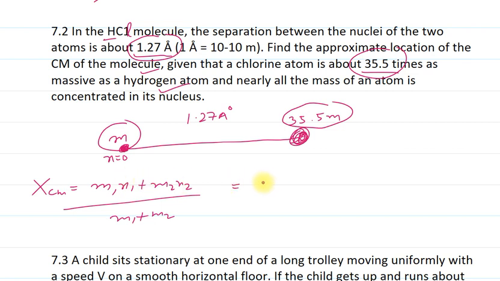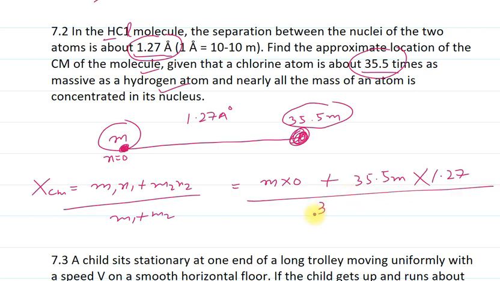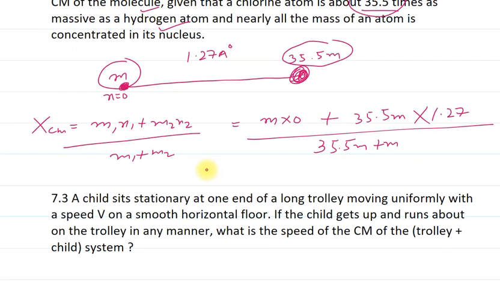So the expression can be written as m into 0 plus the other one, 35.5 m, multiplied with its coordinate. It is 1.27 away from the origin. So it is 1.27, divided by 35.5 m plus m. So it can be written as 35.5 m into 1.27 divided by 36.5 m.